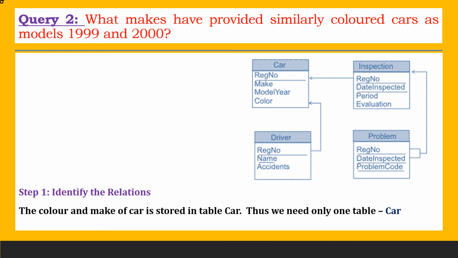So our query is we have to find out the similarly colored cars, and that model year should be either 1999 or 2000, right? So the first step is we have to identify the relation. We can get the details from the color and the make of a car. It is stored in the table car. So we need only one table named car.